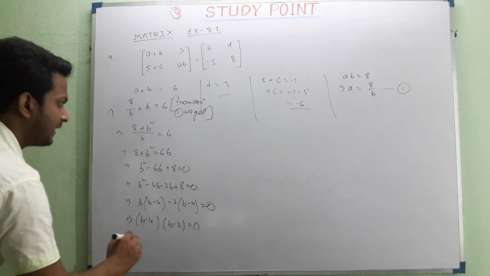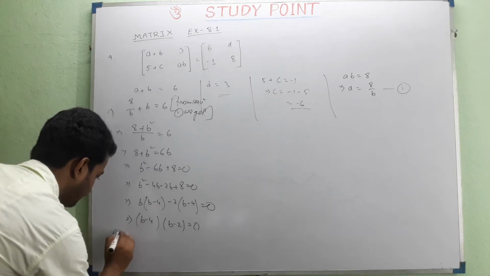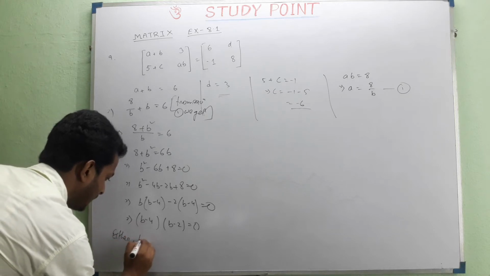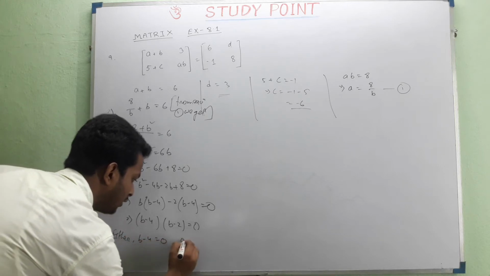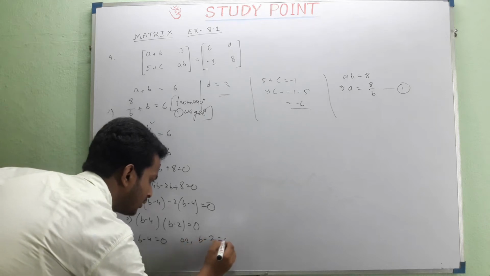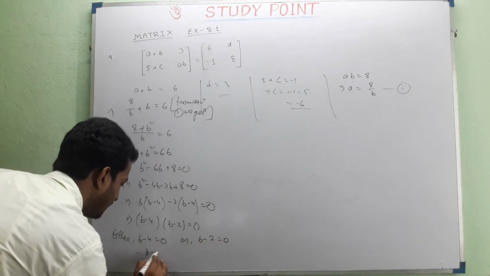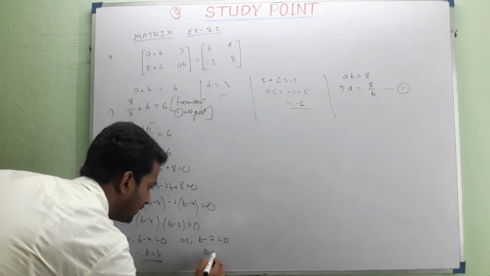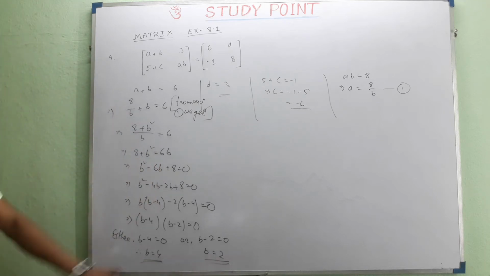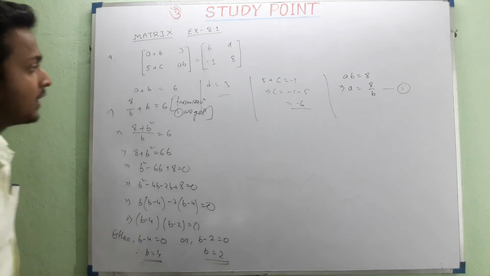Therefore we can say either b minus 4 is equal to 0 or b minus 2 is equal to 0. Therefore from here b is equal to 4, from here b is equal to 2. These are the two possible values of b.